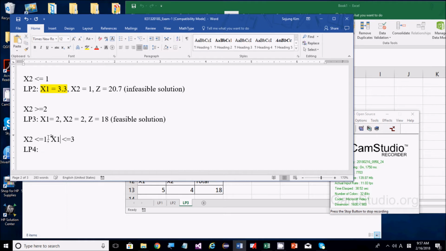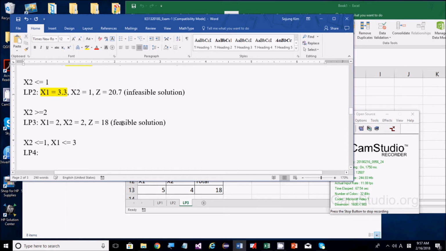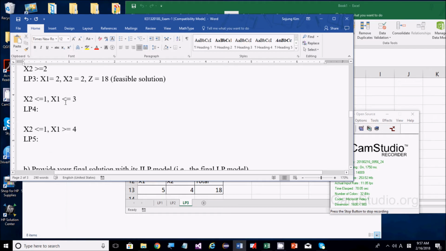We also need to consider another LP model, LP5, in which x2 is still less than or equal to 1, however x1 should be greater than or equal to 4, so that x1 can have an integer value. So let's look at LP4 and LP5.